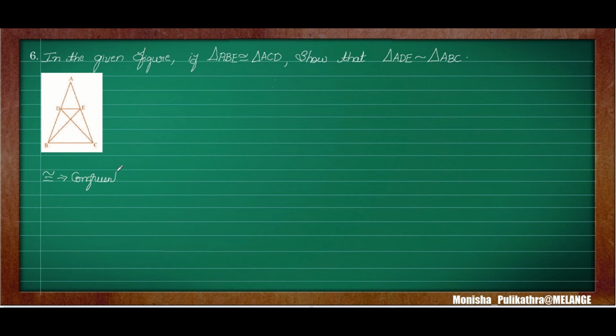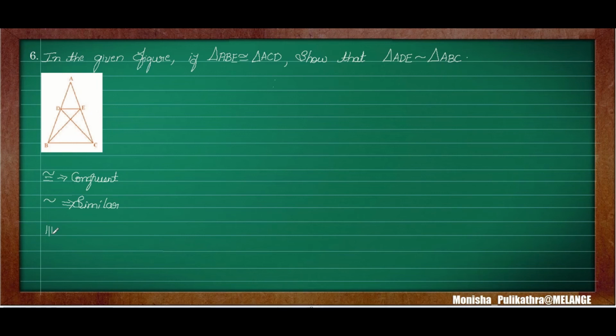Congruent means all the sides and angles of the two triangles are equal. If this is the symbol, then it states similar. Similar and congruent difference you know, right? Congruent means same shape, same size, but similar means same shape but not necessarily same size.